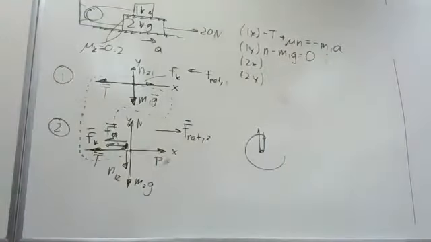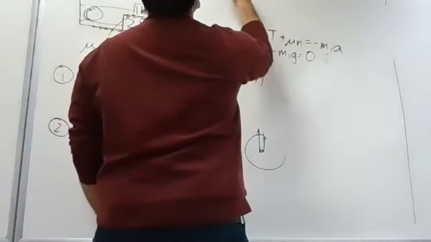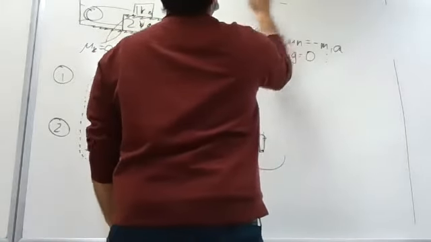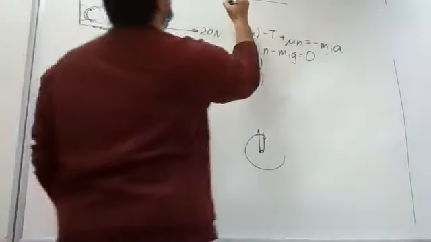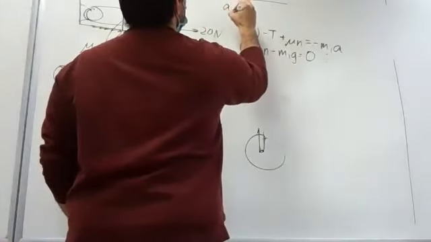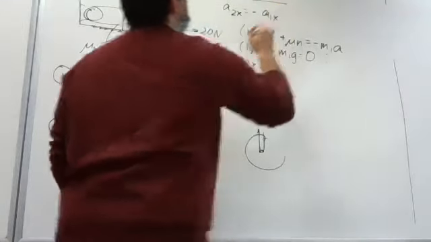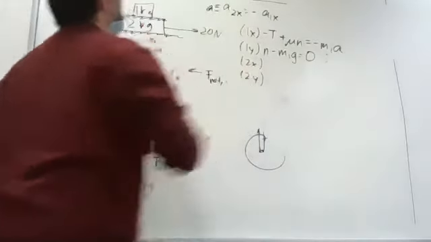Acceleration constraint, if you really wanted to, would be a2x. If that's positive, that's a2x equals minus a1x. And so maybe define this as a.